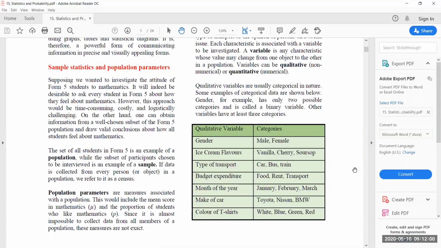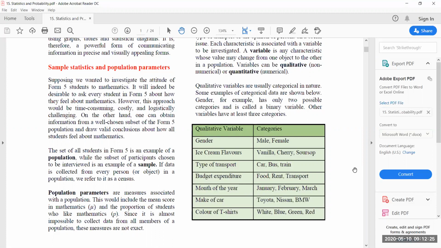Okay, so the set of all Form 5 students is an example of a population. For example, all the students of CTS College, this is an example of a population. All the citizens of Trinidad and Tobago, this is an example of a population. All the citizens of Guyana, that's an example of the population of Guyana.